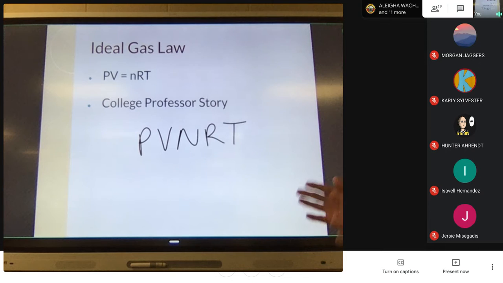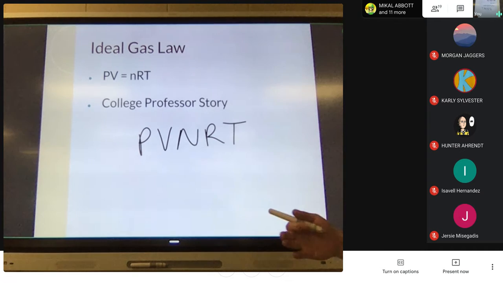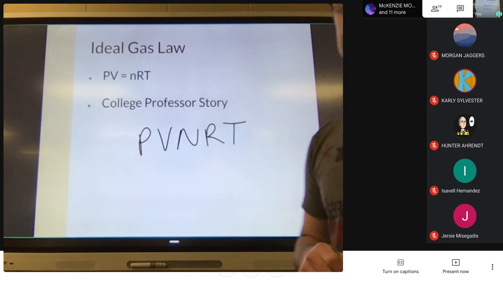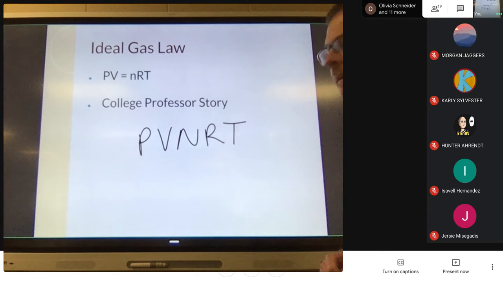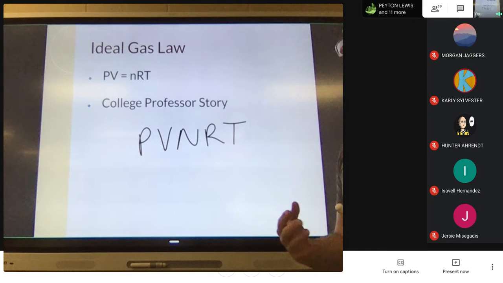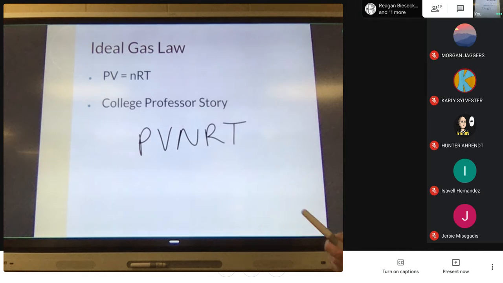Now, that word, if you just spell it out, is Pivnert, but if you just glance at it, it kind of looks like the word pervert. And the professors and all the undergrad students didn't have the heart to tell him that we had this creepy old dude driving around in this car that had something that looked like pervert on the license plate. My point is, a lot of the times, students that I've had, and when I was in that class, from that moment forward, I didn't think of this as the ideal gas law.